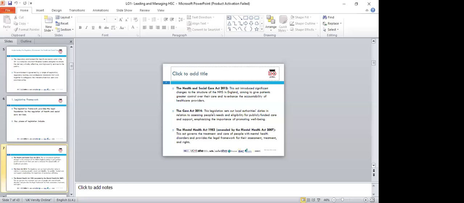So the Care Act 2014 seeks to do more of social care, because we have health care and we have social care. Healthcare cuts across hospitals, care homes, and all that, you know what I mean? But social care is more to do with supported living, working in people's homes and all that.